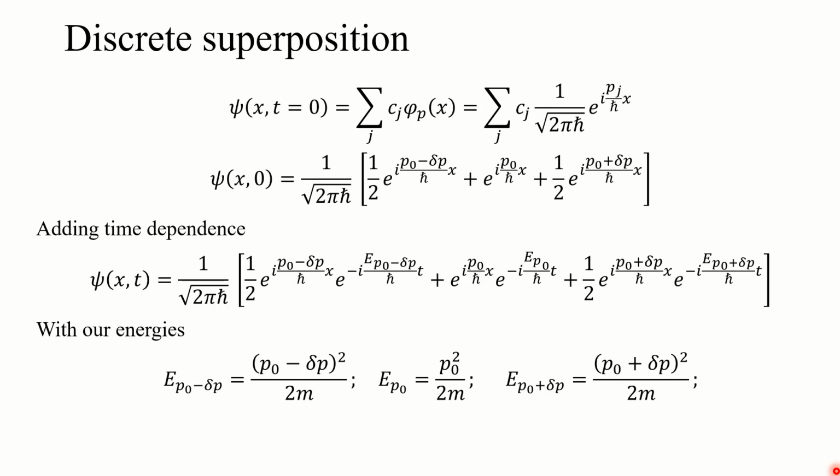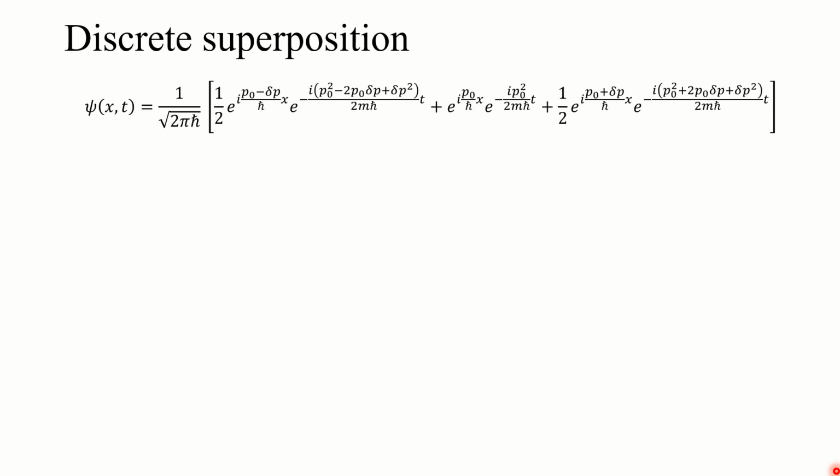So plugging in the momentum eigenvalues for our two functions we're adding together here, we get this. That's what we have. If we substitute those into our wave function and expand those squared terms, we end up with this, right? So again, all we've added is those energy phase factors to our superposition states.